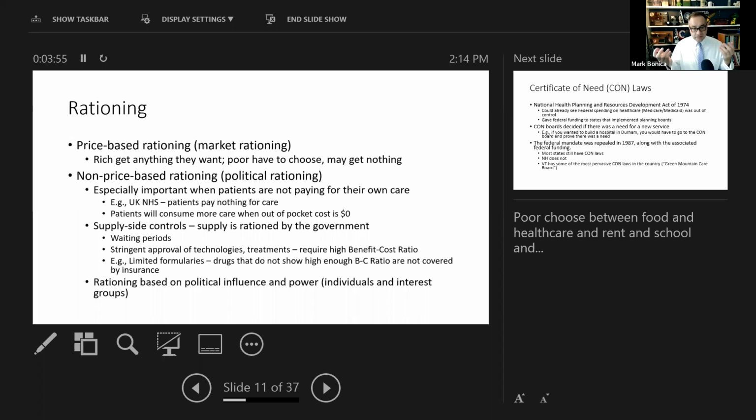So it's either price-based or it's not price-based. And you can have some blending here and there. But basically non-price-based rationing is some sort of political process. So the government decides, Great Britain decides who qualifies as a citizen and therefore a beneficiary of the National Health Service.